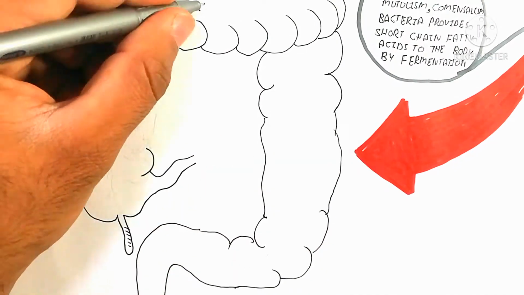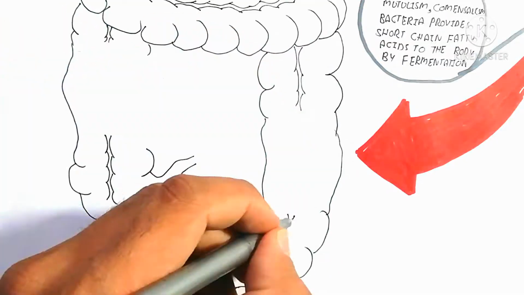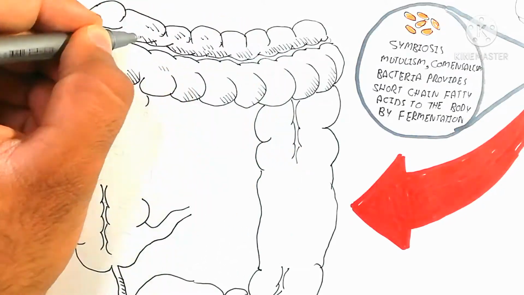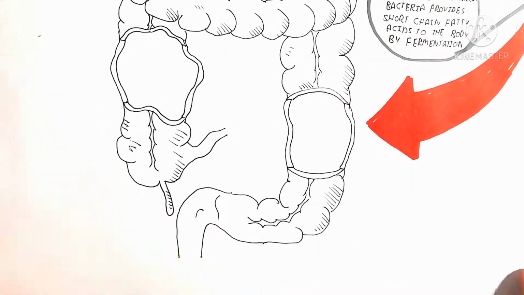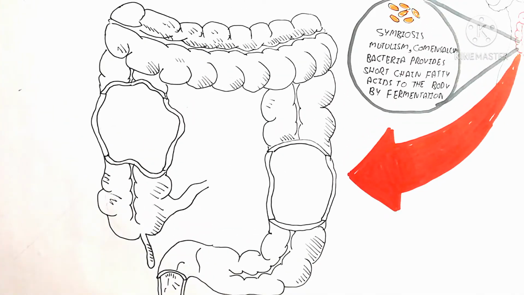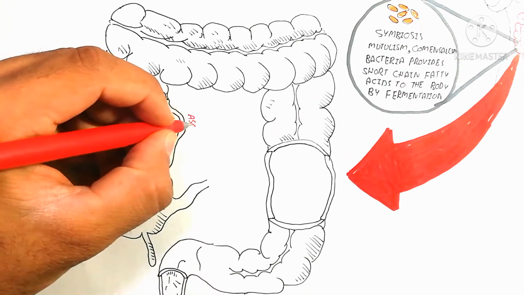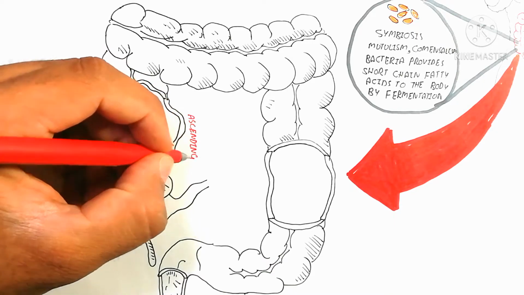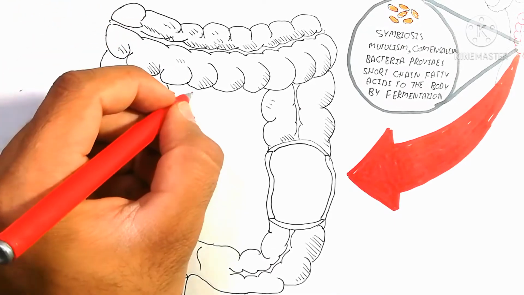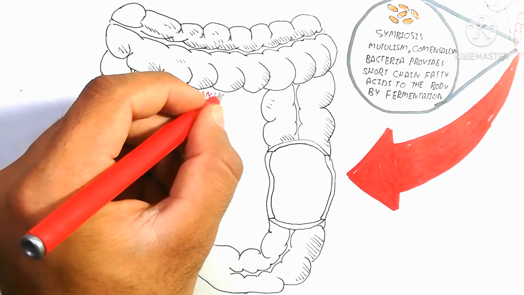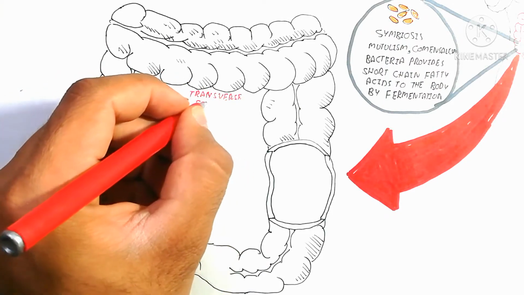So here is the large intestine. Here we will zoom in on the large intestine to understand its function. Inside it, there is a layer of epithelial cells, known as enterocyte-like structures. So here is the ascending colon.